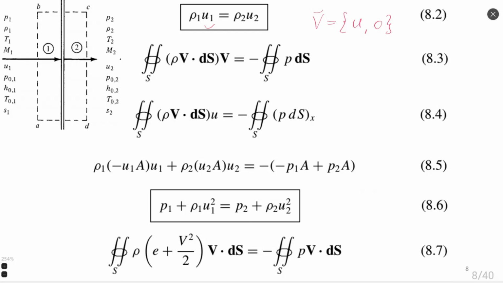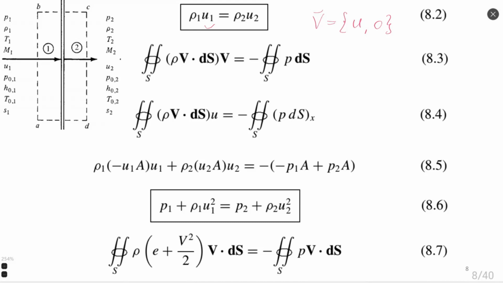This is why we have u instead of v, but in general v is also valid, especially when we will talk about the two-dimensional case of the oblique shock wave, where we have two velocity components entering and exiting the control volume.